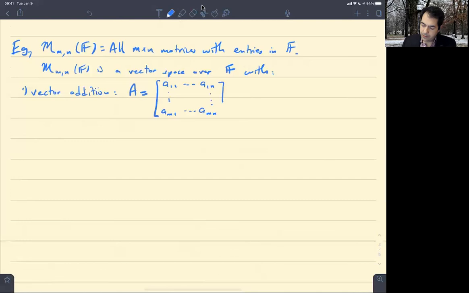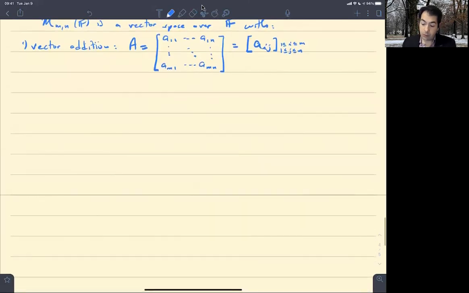Okay, so a much more compact way of writing this is to just put square brackets, aij, and then here we'll say where i goes between 1 and m, and j goes between 1 and n. Okay, so that's one of our vectors, which in this case are matrices.